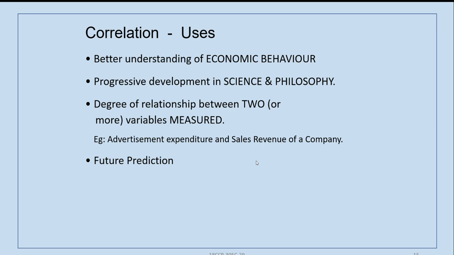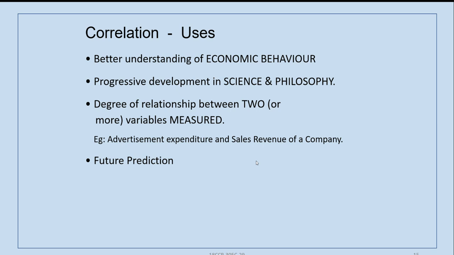That is called progressive development in science and philosophy. In the study of science and philosophy, progressive development is there with the help of this correlation. And the degree of relationship between two or more variables can be measured, the same advertisement expenditure and sales revenue of a company.